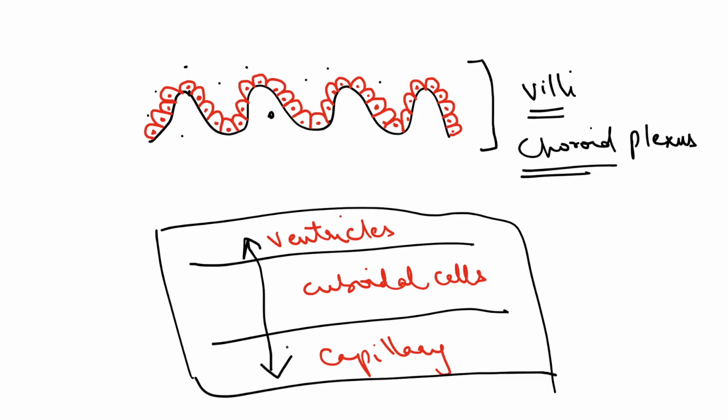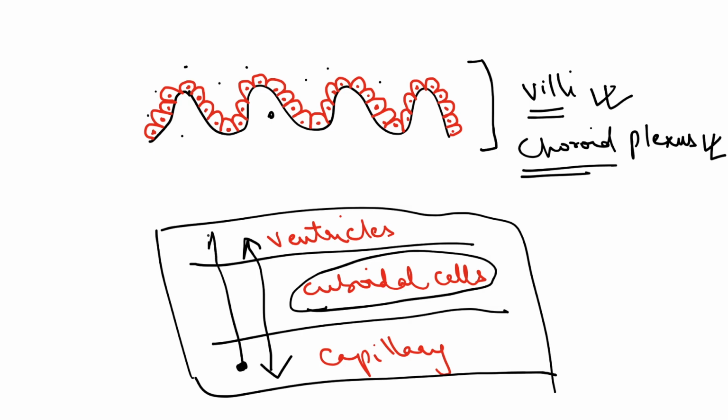So what's happening is these cuboidal cells of the villi are highly specialized cells, and are capable of generating a polarized electrical charge across their membranes, and this charge causes the sodium, chloride, and bicarb ions to migrate from the capillaries into the ventricles.